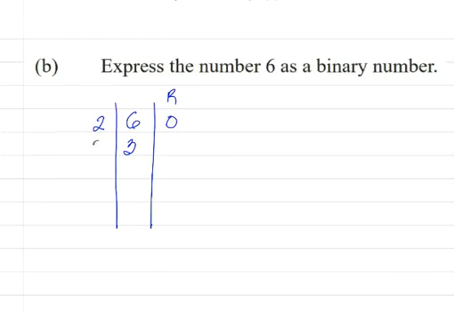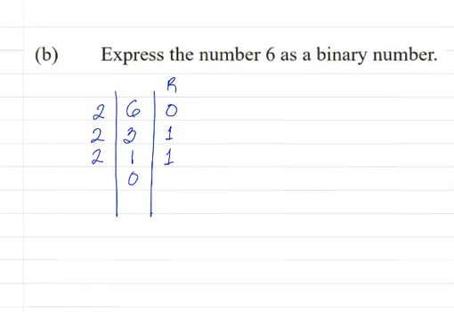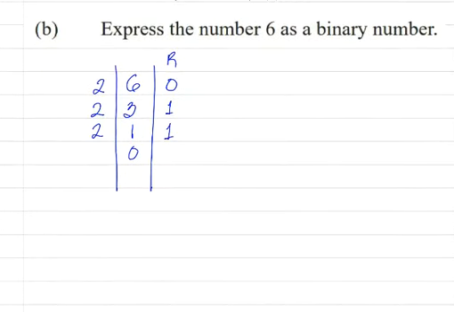Then you're going to divide 3 by 2, you get 1, with a remainder of 1. And then you divide 1 by 2, it goes 0 times, with a remainder of 1. Alright, once it goes in zero times, you know you're finished.